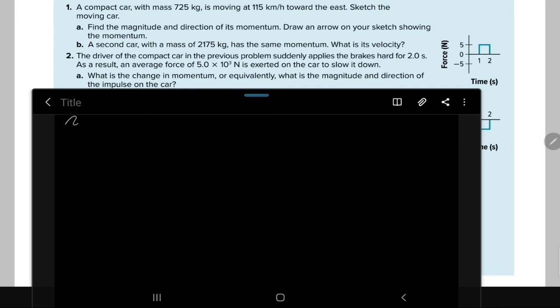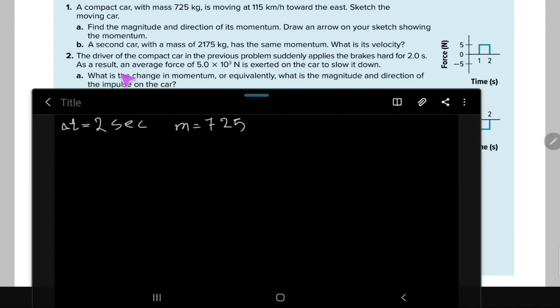So time, t or delta t, is equal to 2 seconds. And the car from the previous problem has mass equal to 725.